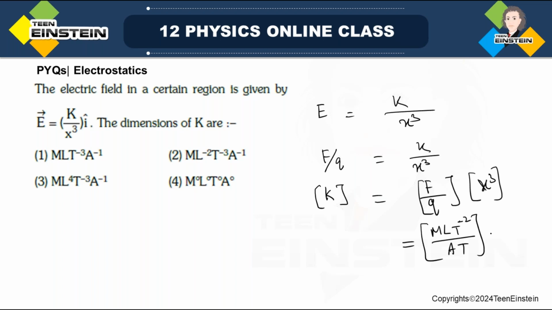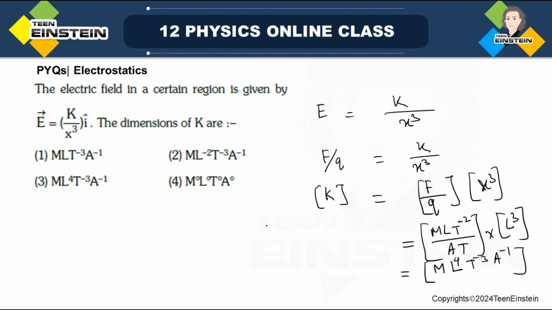So this is here, and this has got dimension L cube. So finally what we are getting, see, M is as it is, L will be to the power 4, T to the power minus 3, okay, and A to the power minus 1.